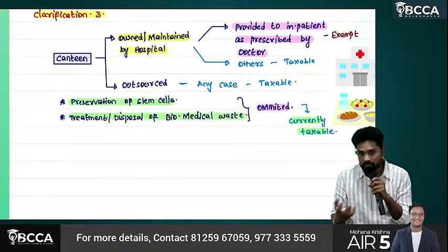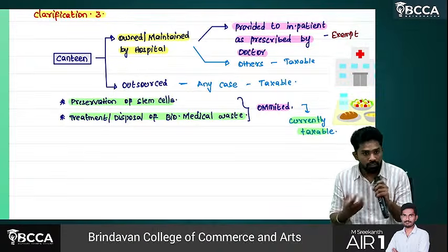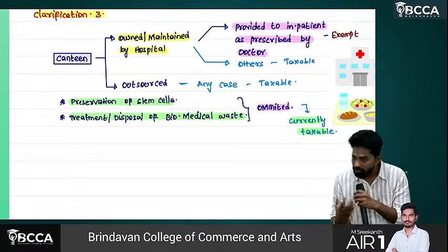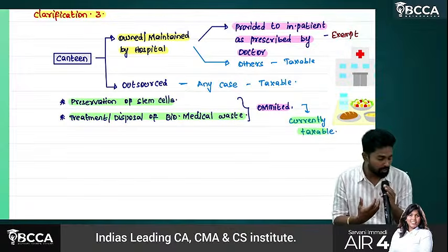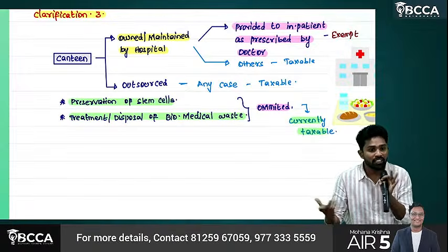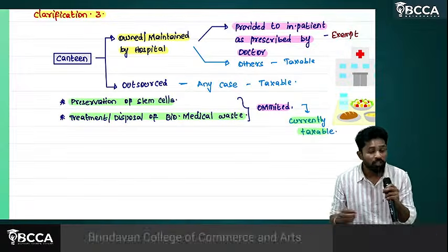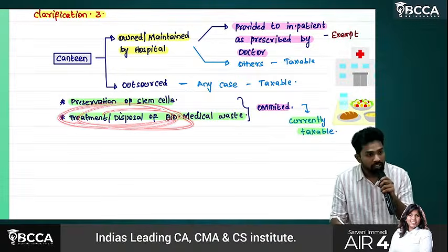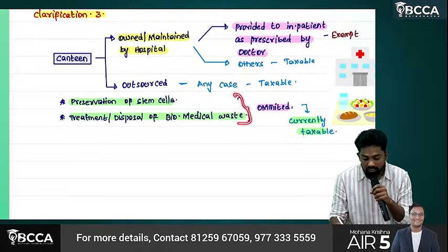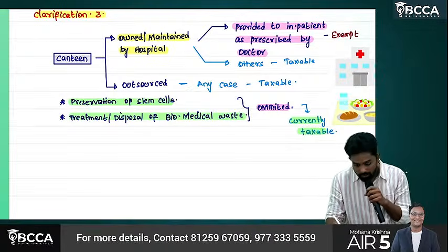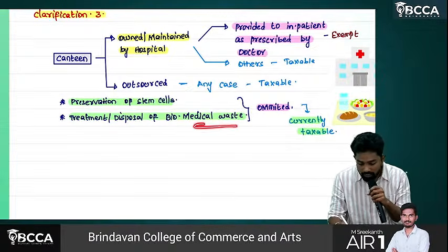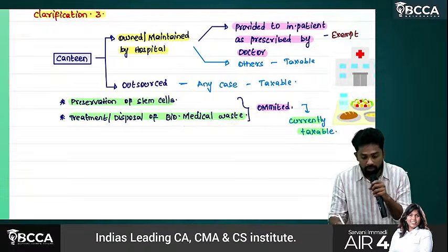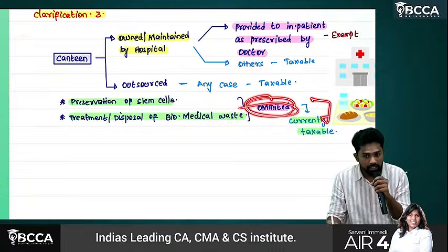Some tumors or other things are removed from the human after treatment, and they cannot be disposed of like normal waste. That's why there are separate treatment and disposal centers. Although their services were exempted previously, currently that exemption is omitted and they are taxable.